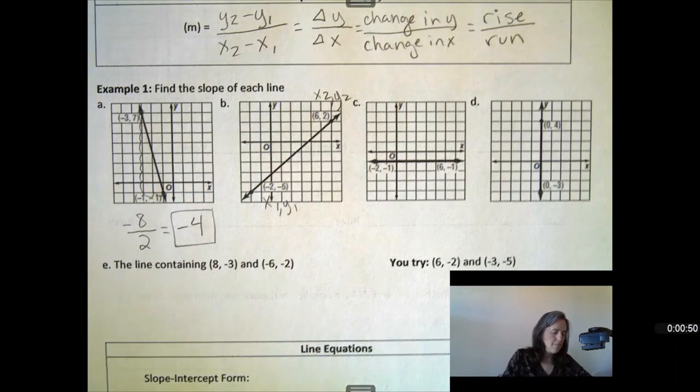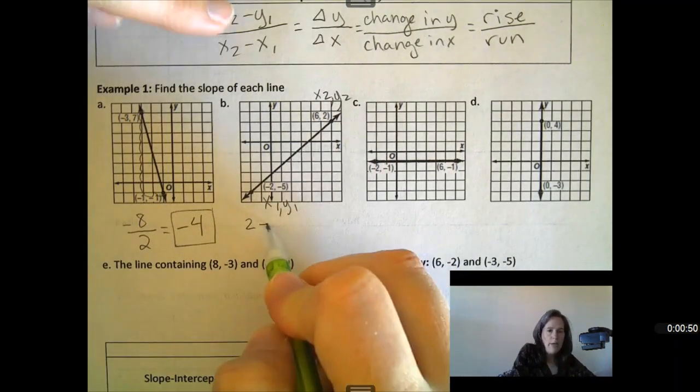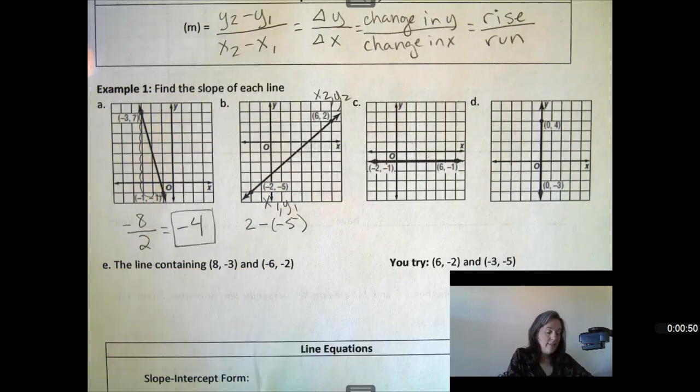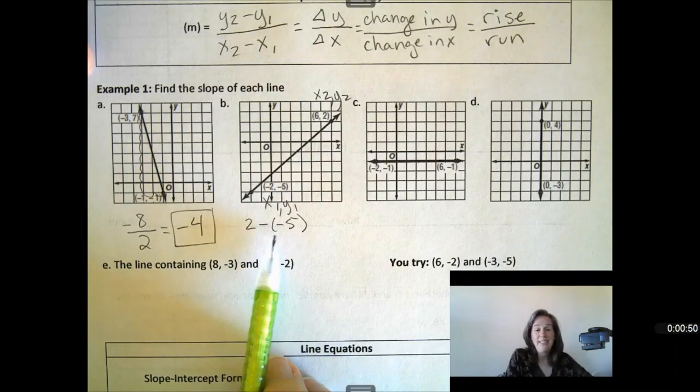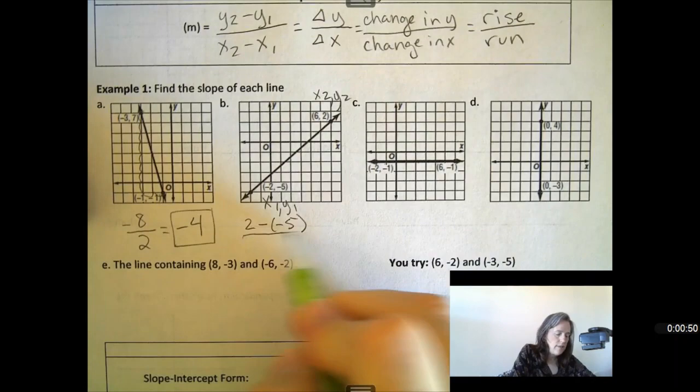And let's plug them in then. y2 is 2 minus y1 which is -5. So we get that negative, subtracting a negative, which I'm sure you know means that becomes add. That's a positive. Over.